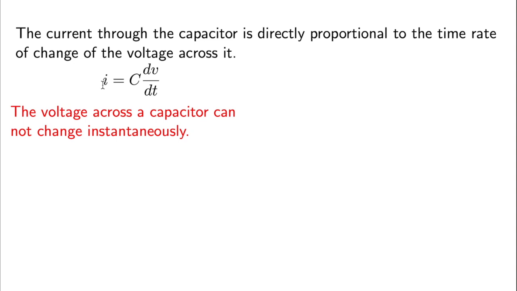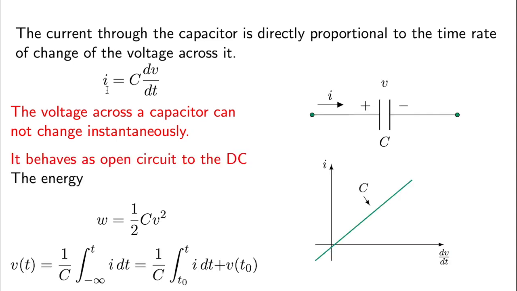If the change in the voltage had to be instantaneous, the energy would have to change instantaneously, which is not possible, and that's why the voltage cannot be changed instantaneously in the capacitor. If you look at dV by dt for the DC, that derivative will be 0, and that suggests the I value has to be 0. So this I equal to 0 represents an open circuit for the DC.